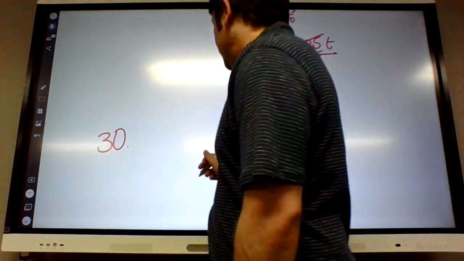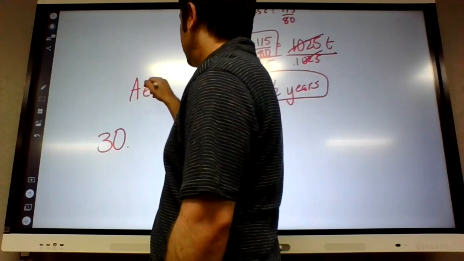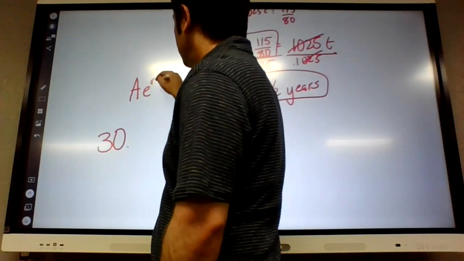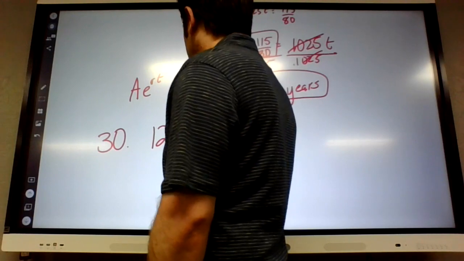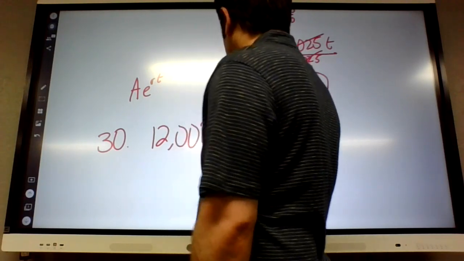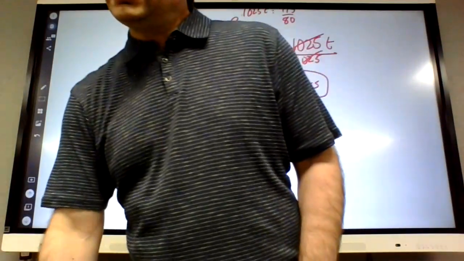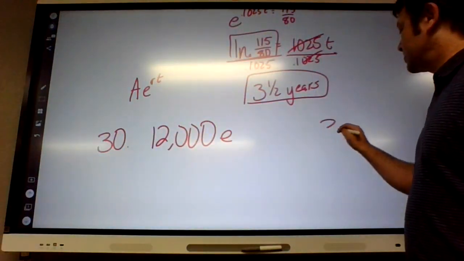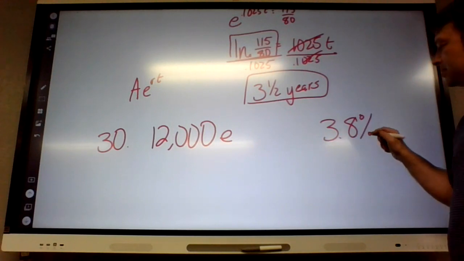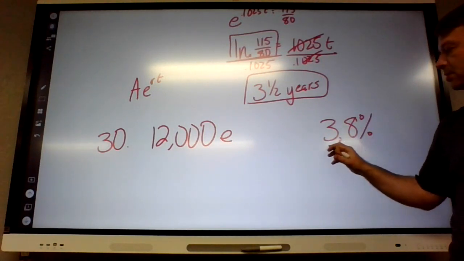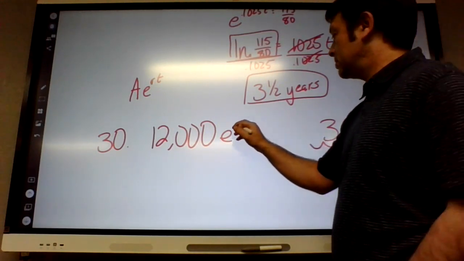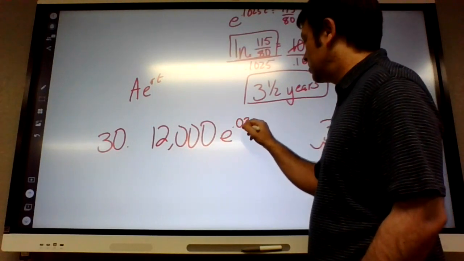So where's the $12,000 go? In the front, yeah. So times e, and then the rate is 3.8%. So that's going to turn into 0.038.